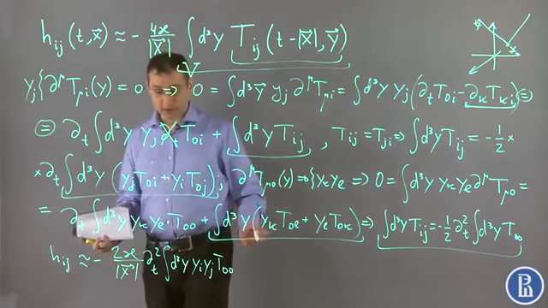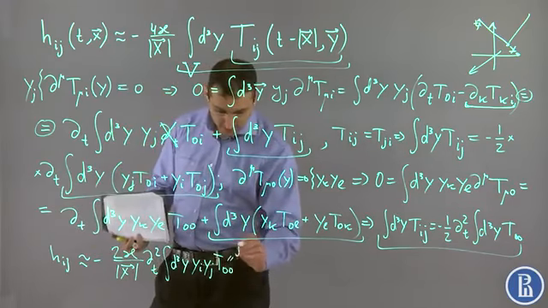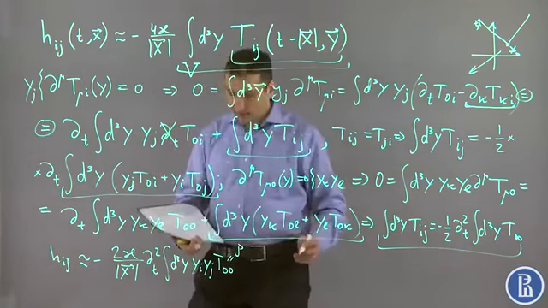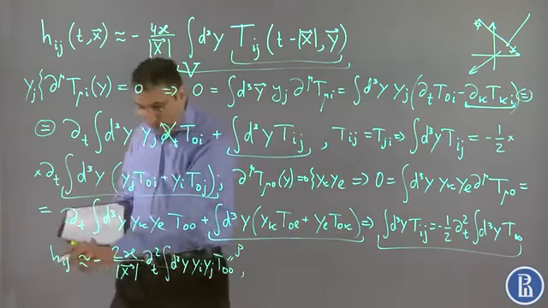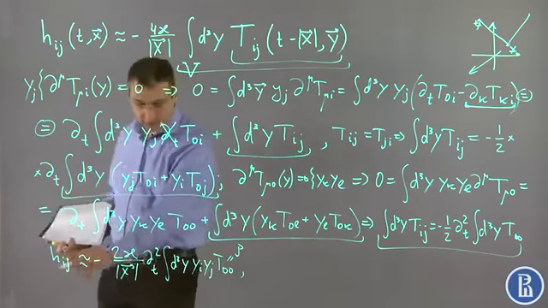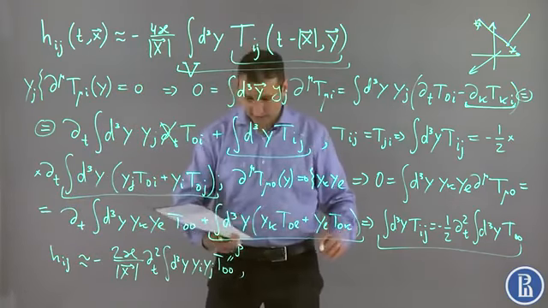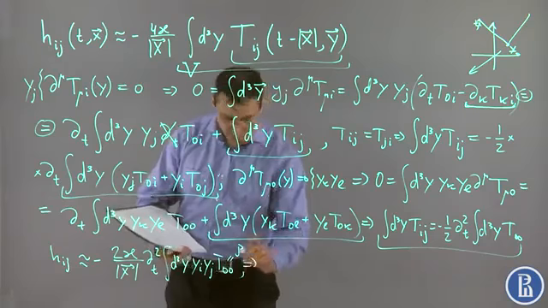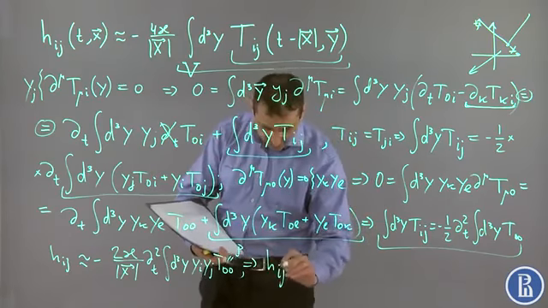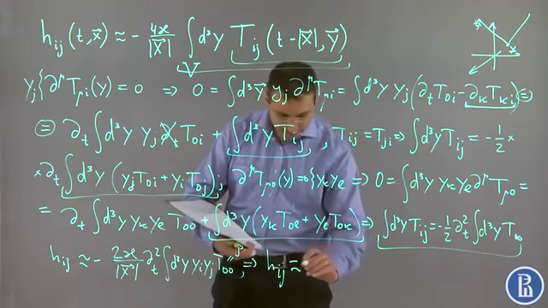This expression already depends only on mass. This T00 is nothing but the mass density. Now, having in mind that Hij is traceless, we can subtract from this expression its trace, and as a result, we get the final expression that we're going to use in the following, the final expression for the radiation field.